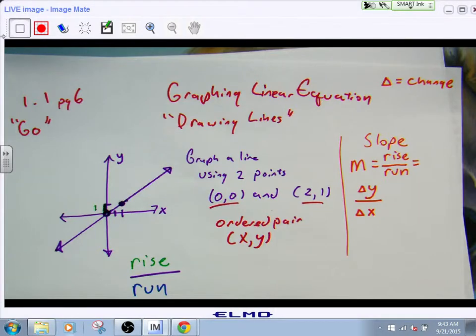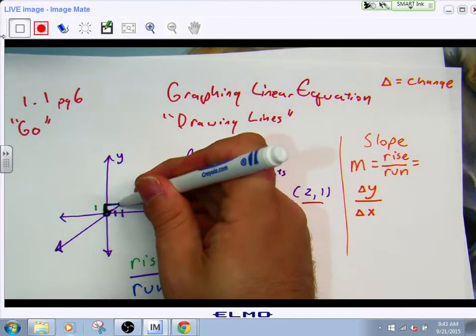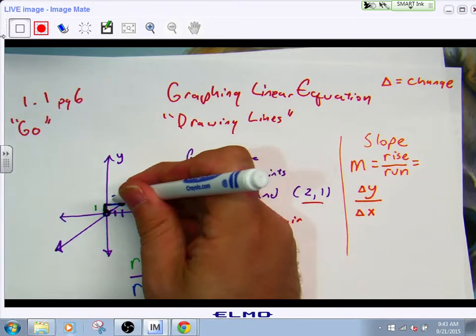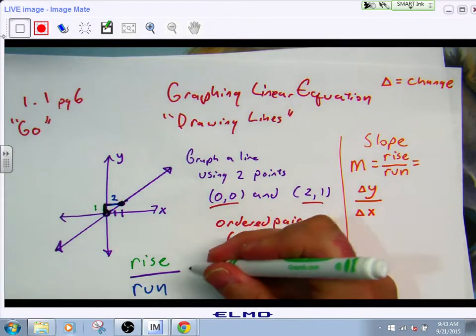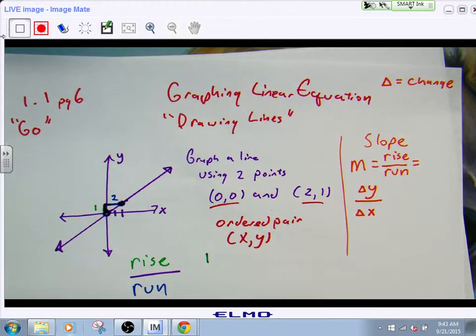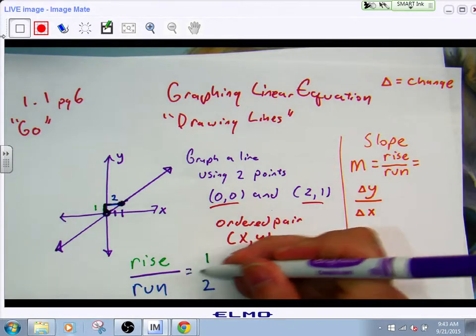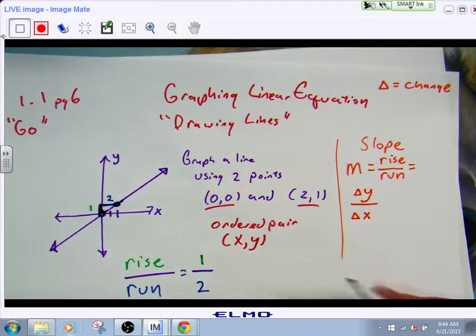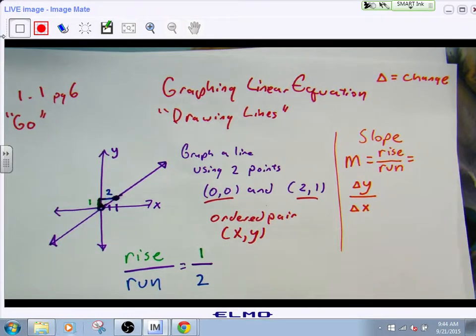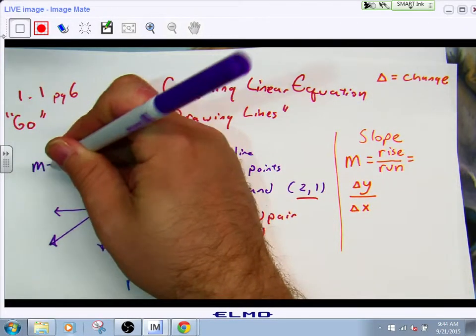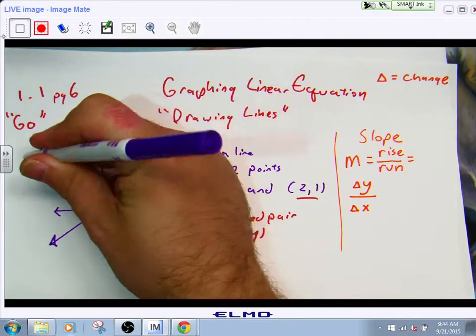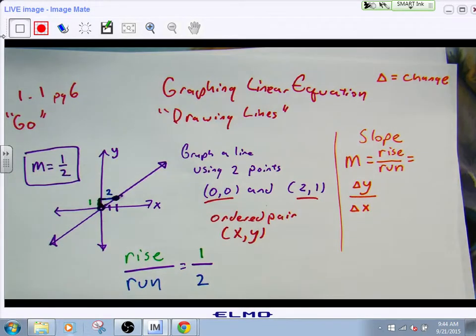And then I'm going to do my run. I went over 2. I went over 2. So my rise was 1, and my run was 2. Okay? So my rise over run was 1/2. So in this case, I would say that my slope equals 1/2. And that would be my answer.